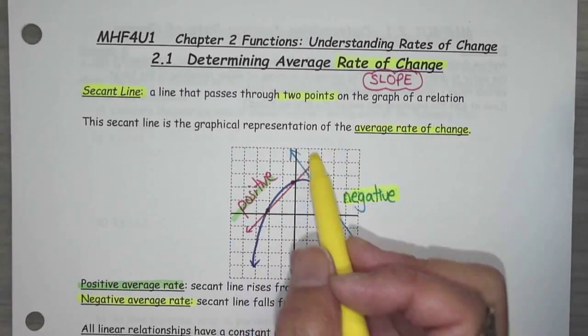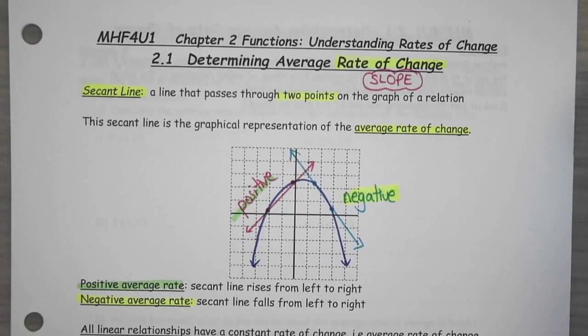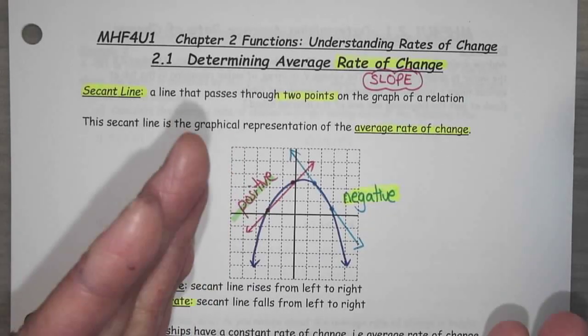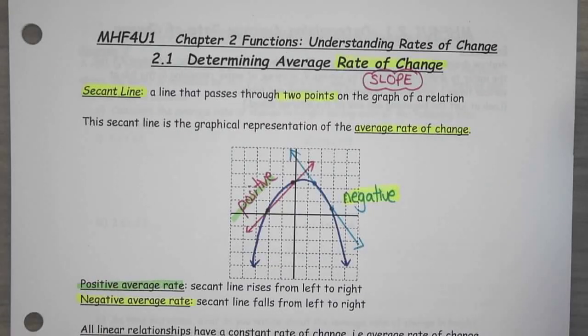Positive slope, negative slope. That relates back to grade 9. In this section, we're looking back at a bit of grade 9 and grade 10 material. And this chapter relates to how calculus developed. That's why I need this definition, because when we begin calculus, if you do take the calculus course, it talks about this secant line and trying to get it more precise. This is where one of the calculations of calculus comes from.